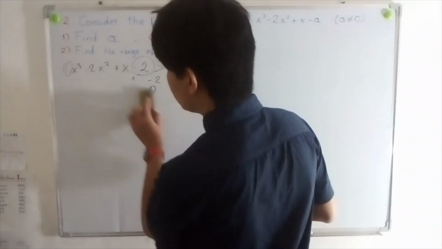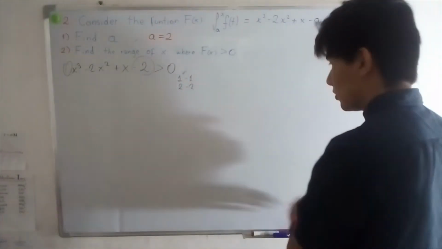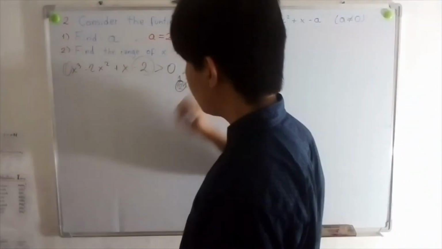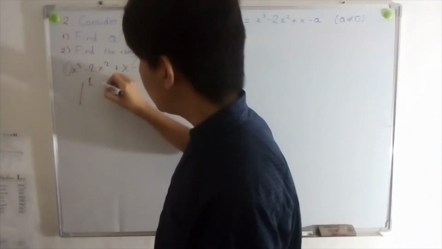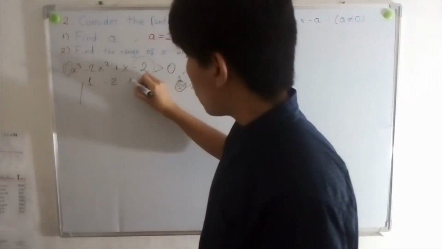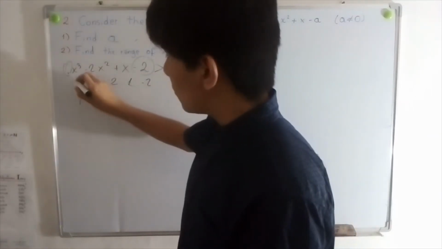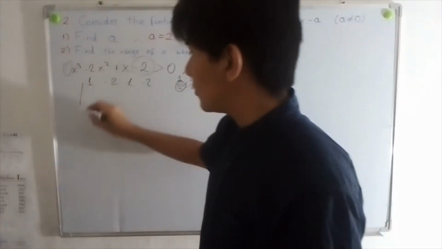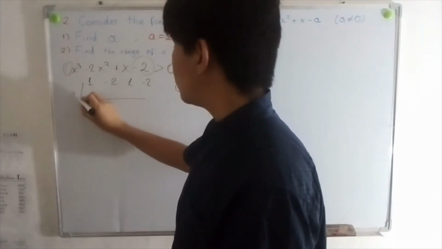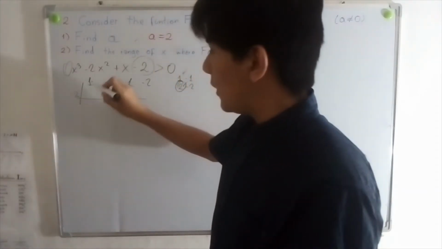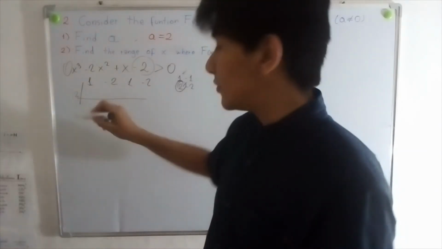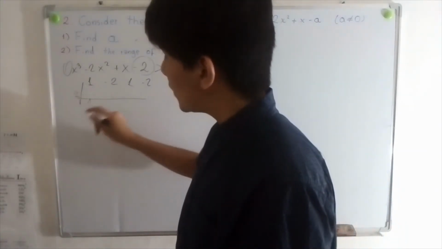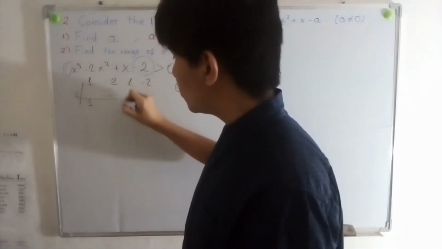Okay, let's try with the 2. Okay, 1, minus 2, 1, minus 2, and 2. Okay, and the number 1 goes down. 2 times 1 is 2.